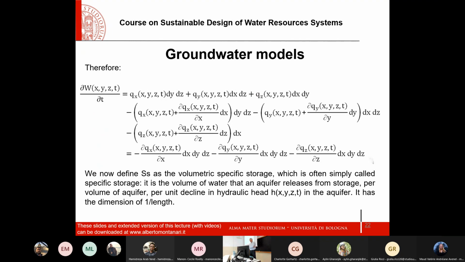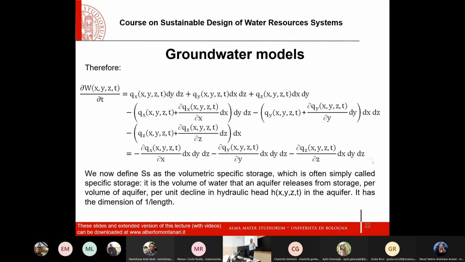But hydraulic head is expressed as pressure because hydraulic head basically is the depth of water which is putting the aquifer under pressure. So it has the dimension of a length, and a given water column gives pressure because of the weight of water. And therefore the hydraulic head is a synonym of pressure.